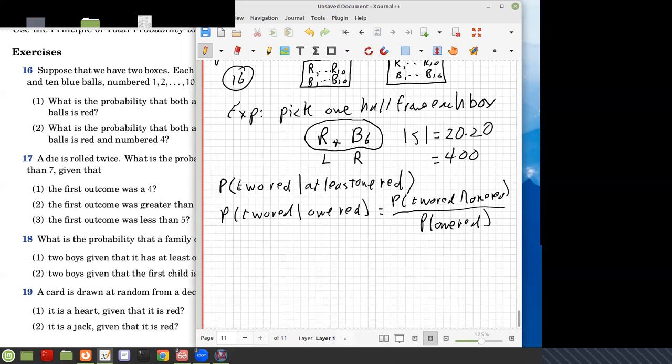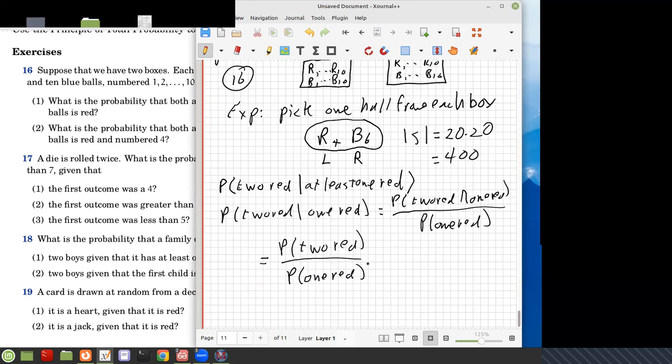So this intersection is just going to be the probability of 2 red. So this is going to equal the probability of 2 red over the probability of at least 1 red.